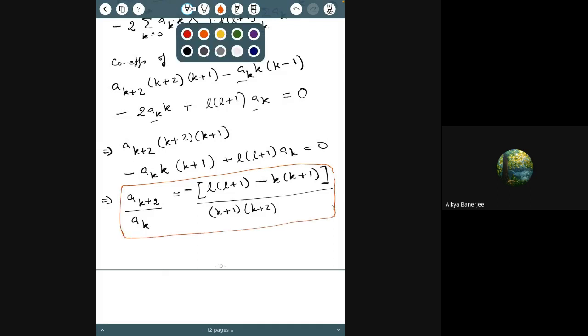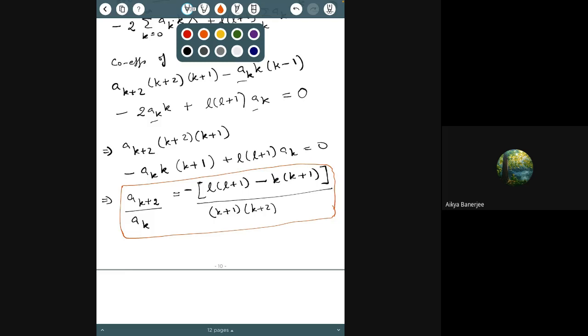So similar to what we got for the harmonic oscillator, we get a recursion relation for the coefficients of the various powers of x in our power series solution. Now we need to again think a little bit. This directly means that all the even powers of x club together.